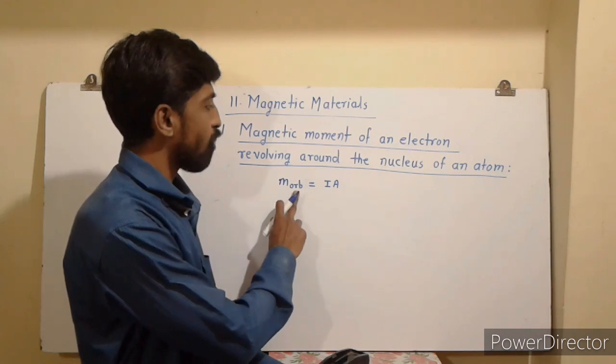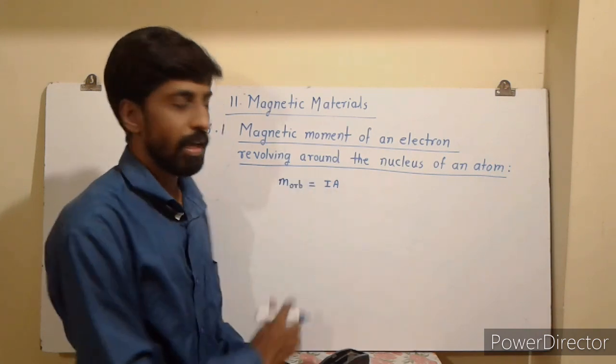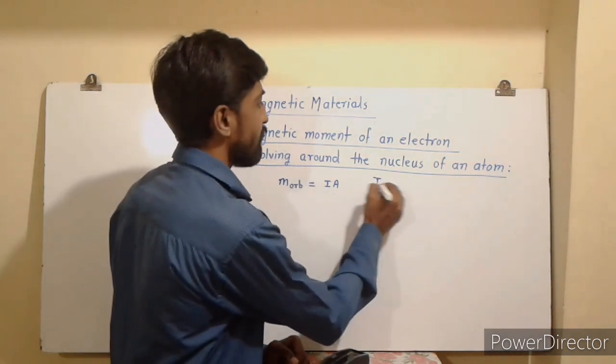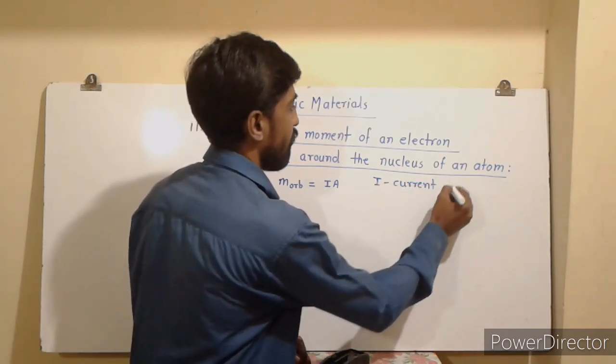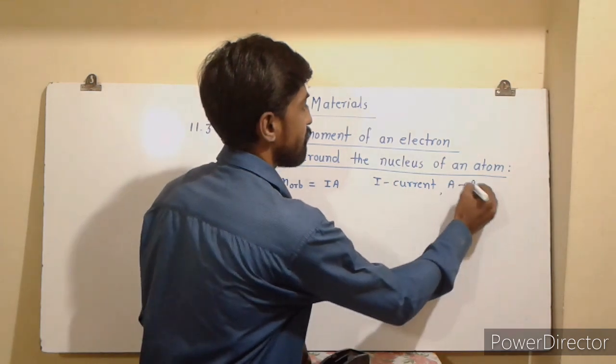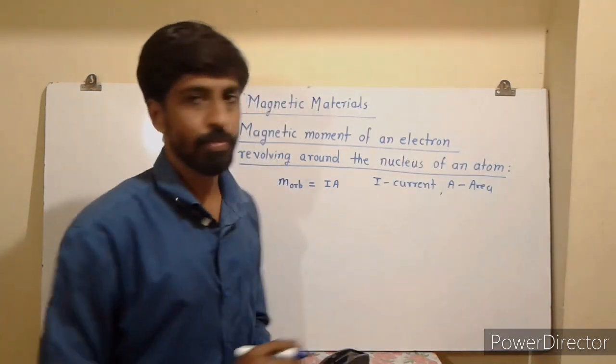So the formula is m orbital is equal to I into A. Here I is current and A is the area of the loop.